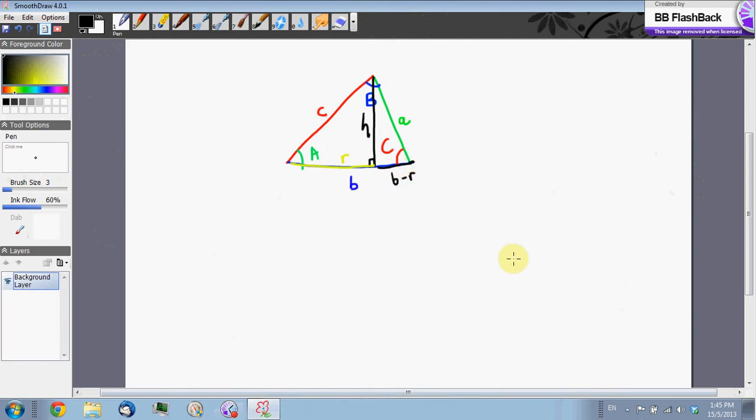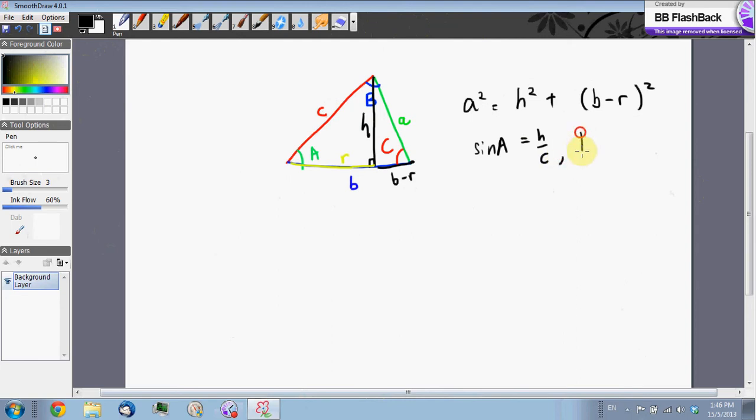Okay, so we can use Pythagoras theorem to see that A square is equal to H square plus B minus R square. Because H is here, B minus R is here, right? And you can see that sine of A, which is this angle A, is equal to H divided by C. This is opposite over hypotenuse.